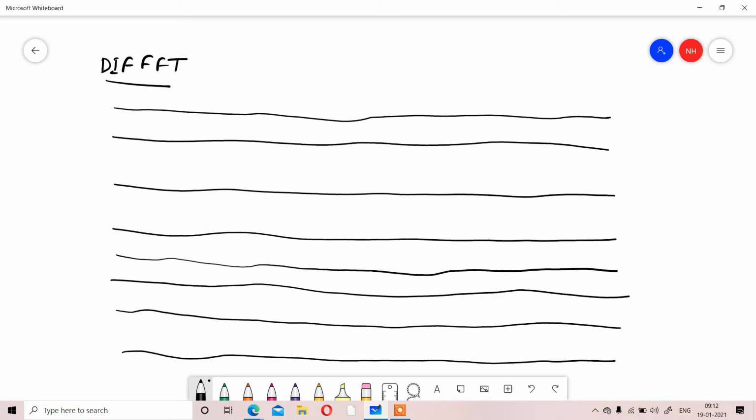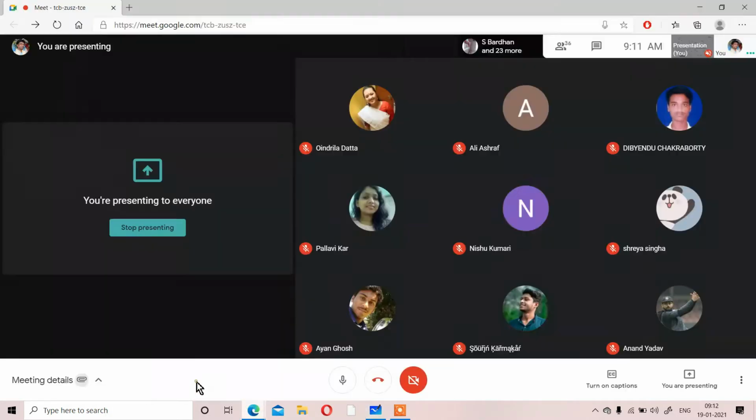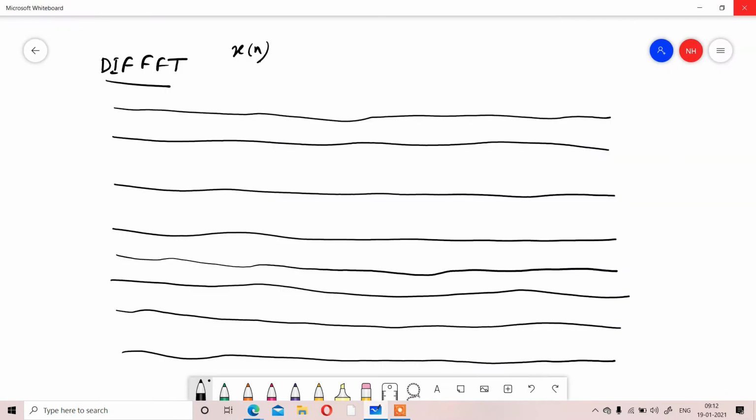We had 8 inputs of xn, x0 to x7, and the input that we have taken is in the bit reversal process.